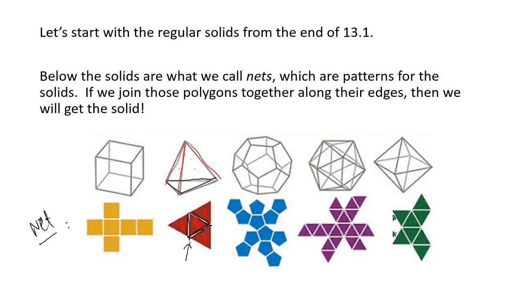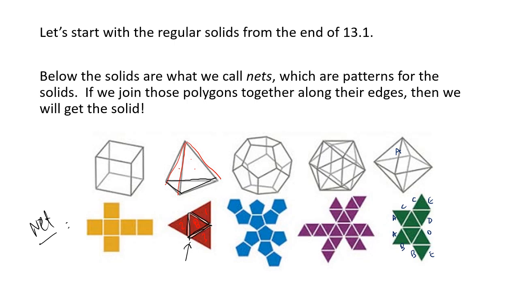And so maybe they make this edge here A. Sometimes you'll see these labeled like this: this is going to match up to this, this is going to match up to this, D to D, and then E to E. So you'll see sometimes almost like instructions or directions as to how this gets folded up and matched up. Realistically, if you were to cut this thing out and start folding it, you'd have a hard time folding it up incorrectly, knowing what shape it's supposed to make. But sometimes you'll see these labeled just to help you out.